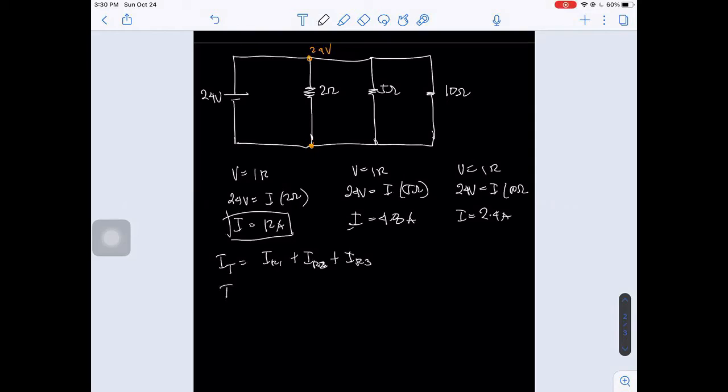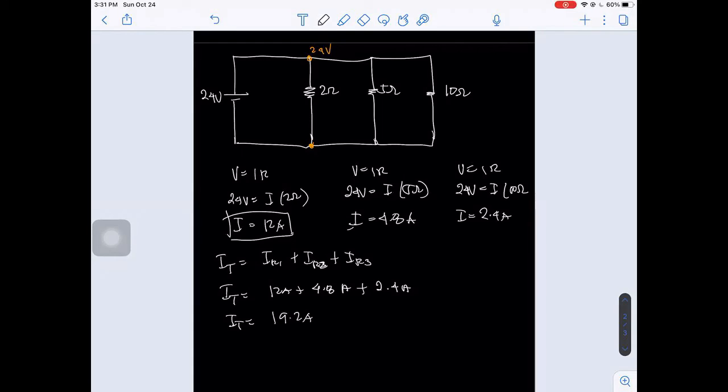So we have 12 ampere plus 4.8 ampere plus 2.4 ampere. Let's compute in the calculator. So we have 19.2 ampere.